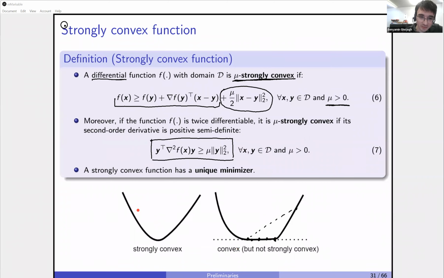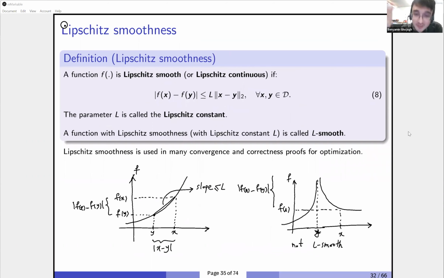However, in a strongly convex function, we only have one minimum. One point only is the minimum. Is it clear what I mean by strongly convex and convex function? Yes. Okay, please ask me if there is any ambiguity.